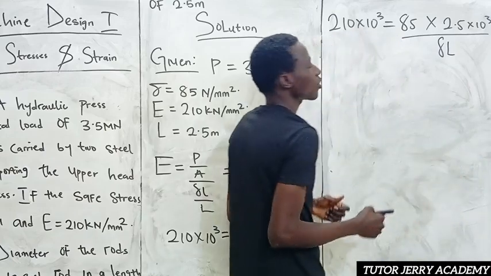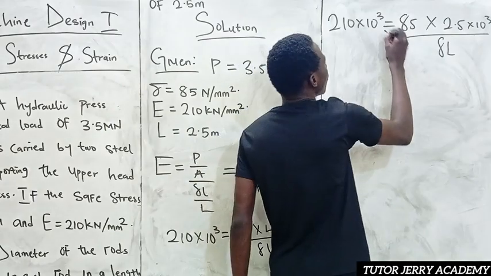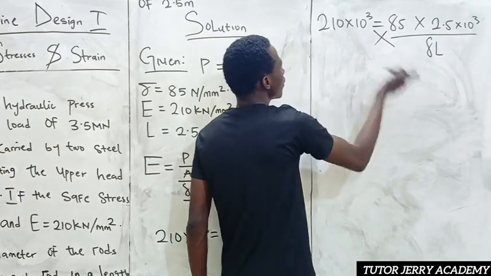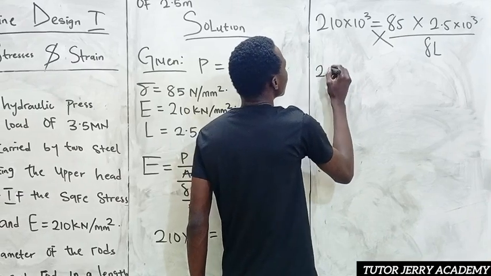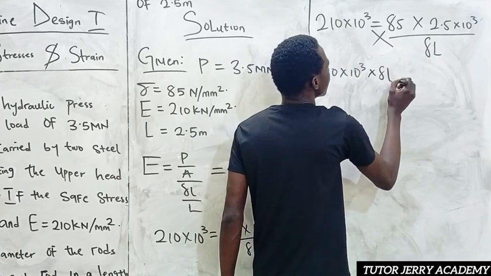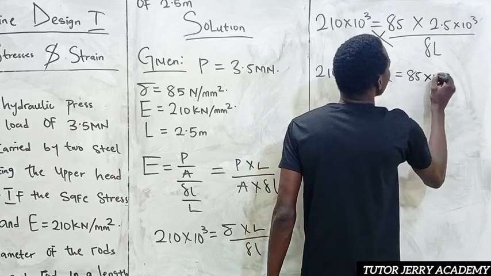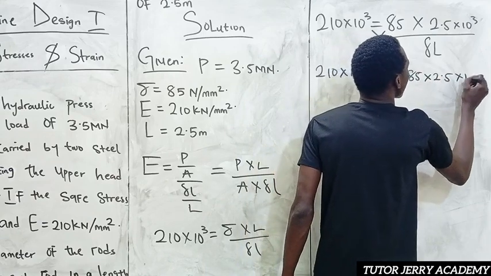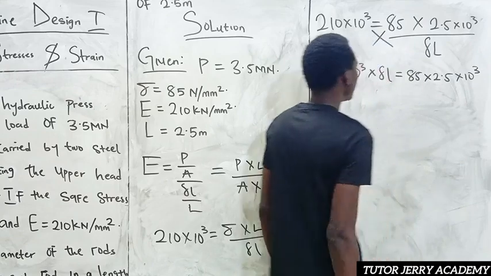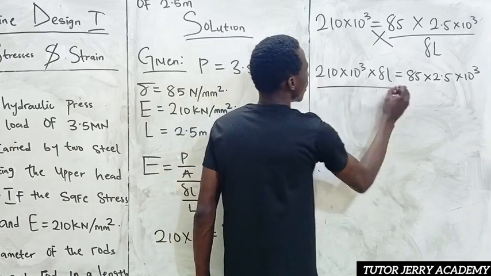So next, I'm just going to be cross multiplying in order to get my value of change in length. If I cross multiply, I'm going to be having 210 times 10 to the power of 3 multiplied by change in length, equal to 85 times 2.5 times 10 to the power of 3. Next, I'm going to be dividing both sides by the coefficient of change in length.